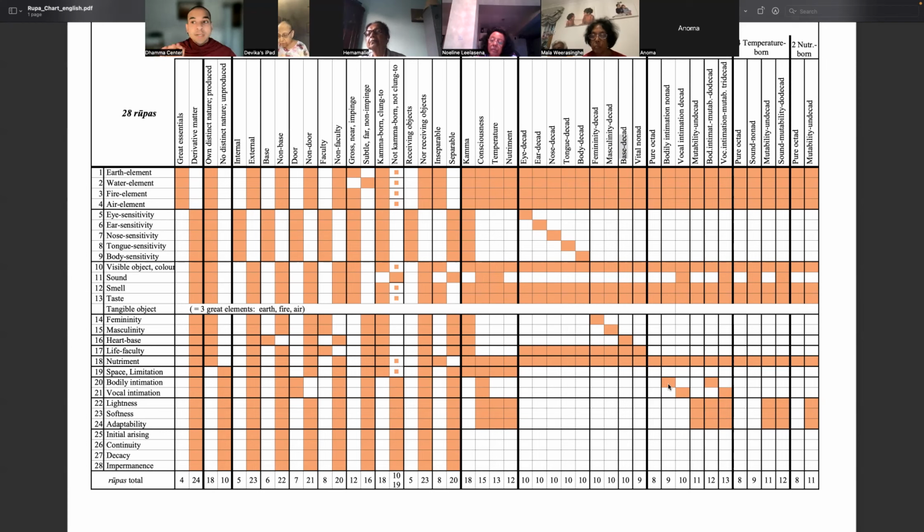We are talking about rupas. So what are the rupas that are created to produce bodily movement for communication? Remember, every consciousness-born rupa for communication is for communication. If it is temperature born, it is not for communication. We did this in the revision class. Now, is that clear, everyone? Am I going too fast?